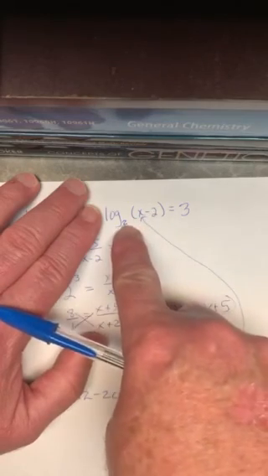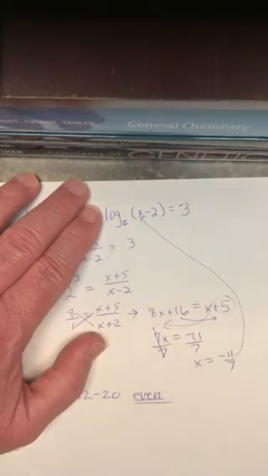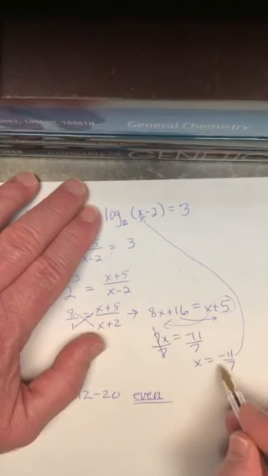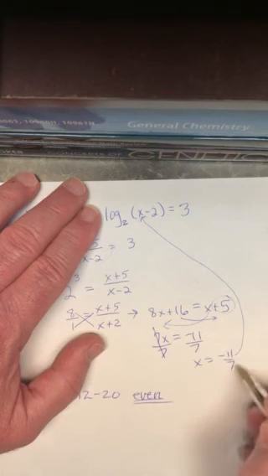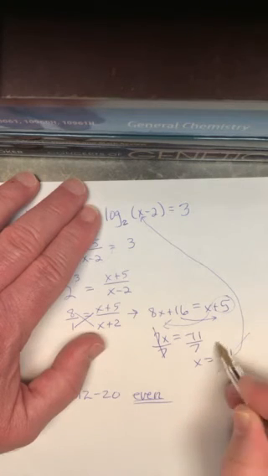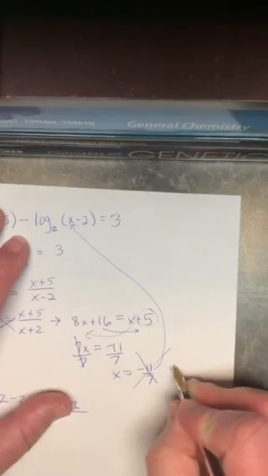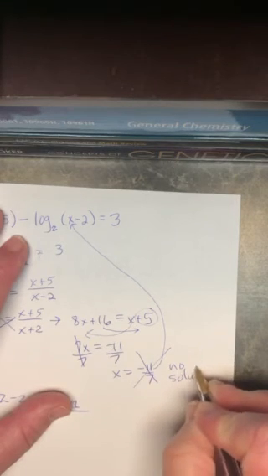Can you take 2 and raise it to some exponent and have it turn into a negative number? Not possible. Oh my gosh, so once again, we did all that work, got an answer. It's the best answer in the world that would work in this problem, but even it doesn't work. And again, we write no solution.